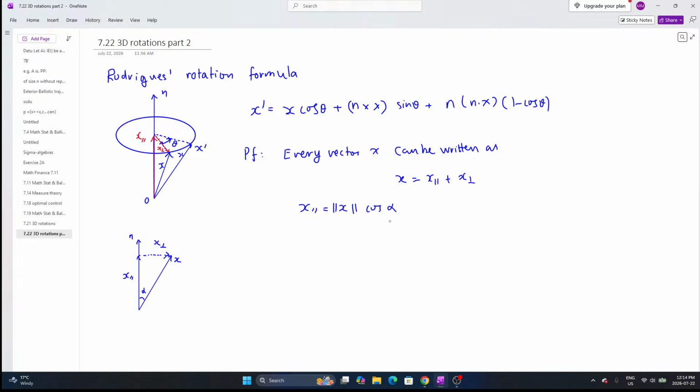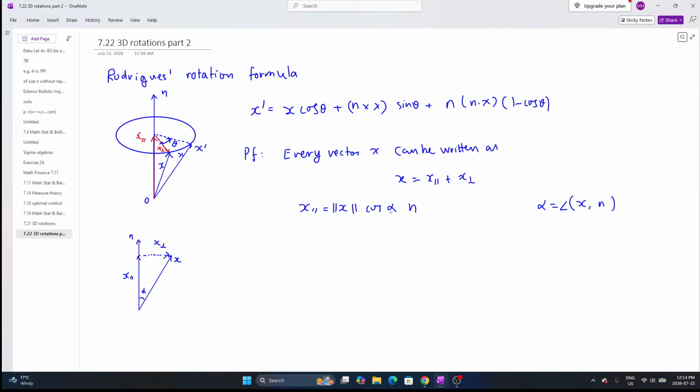Times cosine of alpha, where alpha is the angle between the original vector x and n. Okay. So that's the length. You also need the direction here, because this is a vector. We need the direction. Now the direction is just n, because n is a unit vector. If you multiply a length with a unit vector, it does not affect the length. Right? So yeah, that's it. So this is x parallel.